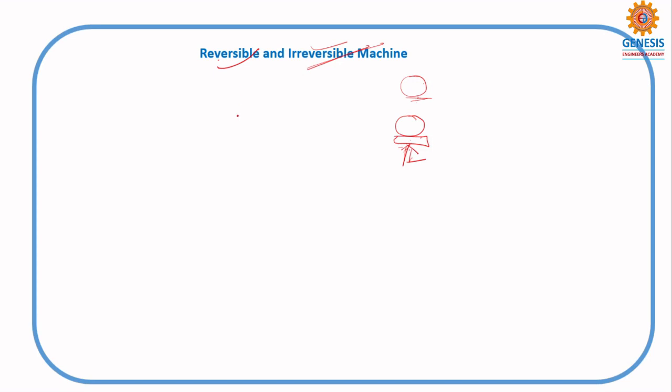In reversible, you apply effort to move the load up, and whenever you remove it, the load will come down. It is also called a self-locking machine, versus a non-self-locking machine. For lifting a vehicle, we need an irreversible, that is, self-locking machine.